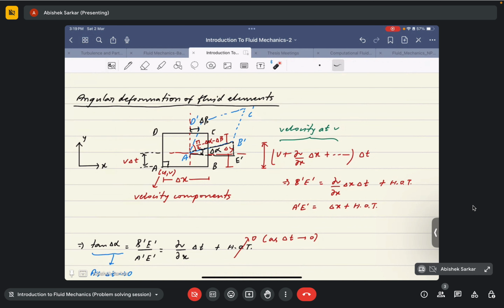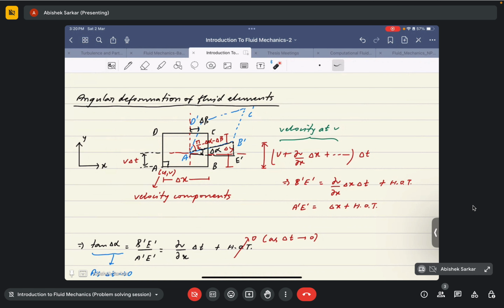In this diagram, we are dealing with a particular fluid element given by A, B, C, D. The fluid element can be of any shape, but for ease of understanding and deriving the mathematical equations, we are considering it to be rectangular, whose lengths along the x direction and the y direction are given by delta x and delta y. It is a fluid element, so it is a very small length, which is why we represent it by delta x and delta y.